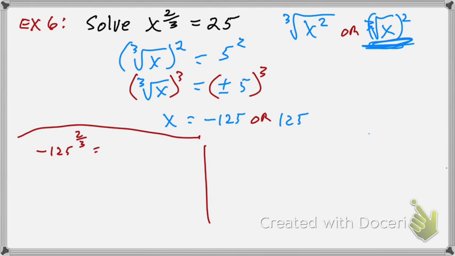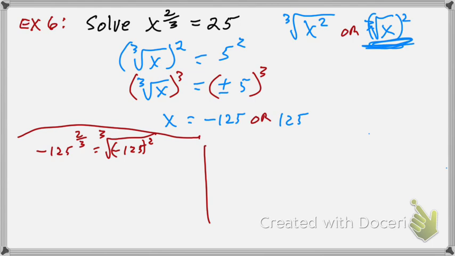It says either I could square negative 125 first and then take the cube root of that, which would be what? That kind of thing. That's going to take a calculator for me. 125 times 125, and then take the cube root of that.